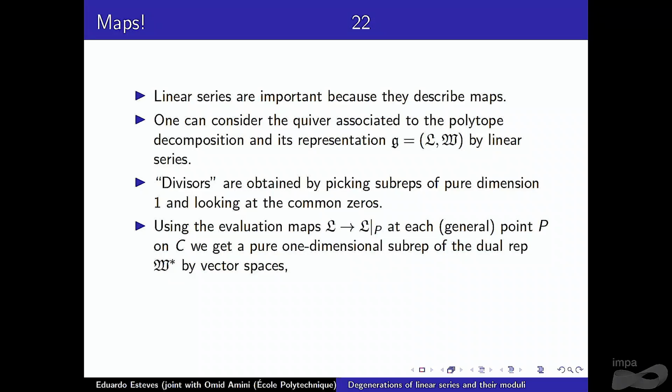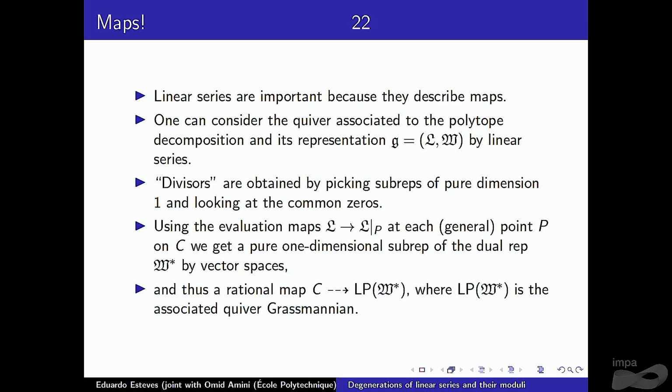And we can use the evaluation maps. If you have a linear series, that's how you get the maps. You take the evaluation maps, and by doing that, in the equivalent representation, the W, we get a one-dimensional sub-representation of the dual representation. Just take the dual of the vector spaces, and you have, not for every point, of course, but for a general point, we get a rational map to this LP of W star.